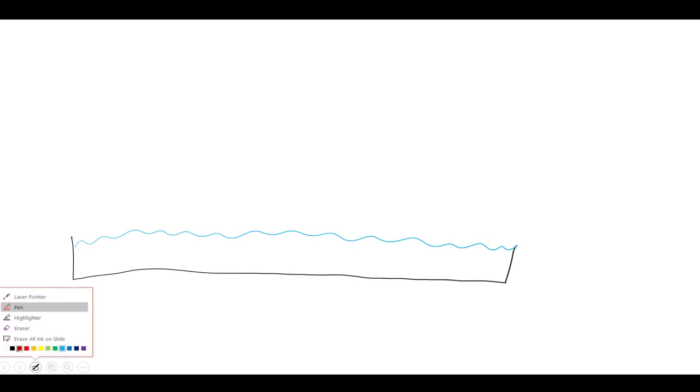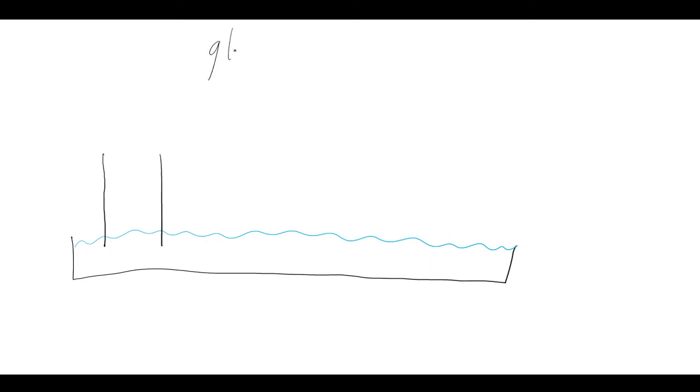So let's again assume we have water in this container, and I'm going to take this tube, that is a thick tube, and stick it down into this container. Okay, now, if this is a glass tube, which I'm going to tell you it is, right? We know the adhesive forces outweigh the cohesive forces in the glass water system.